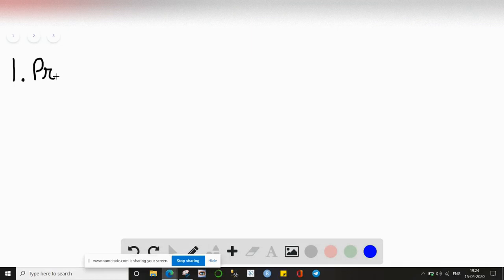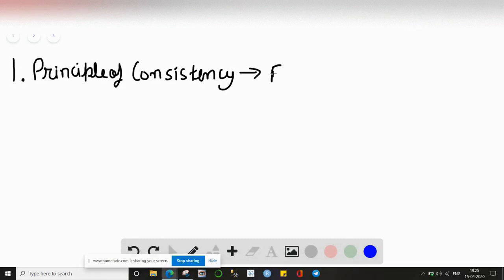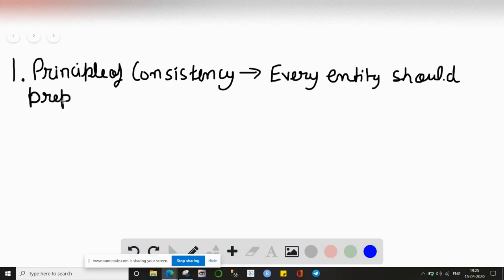There is the principle of consistency. It says every entity should prepare financial statements based on consistent methods.